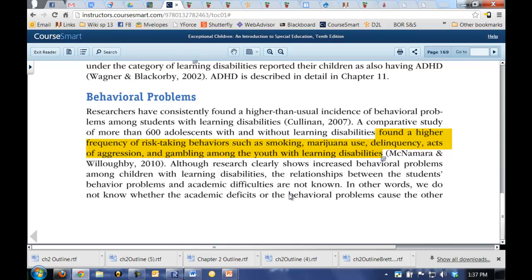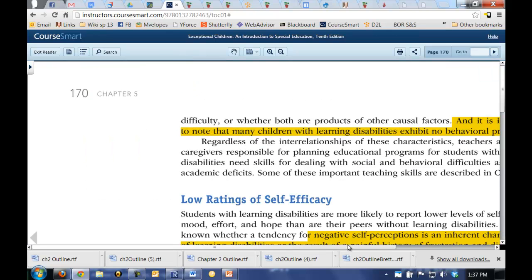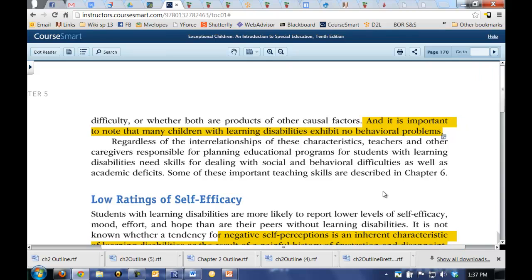Although research clearly shows an increase of behavior problems among children with learning disability, the relationship between the students' behavior problems and the academic difficulties is not known. You jump to conclusions there on your own. Why kids with learning disabilities have more behavior problems. In other words, we do not know whether the academic deficits or the behavior problems cause other difficulties or are products of the category.